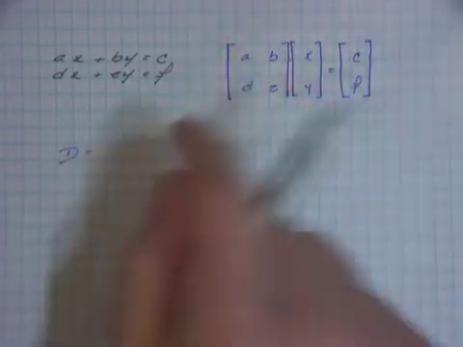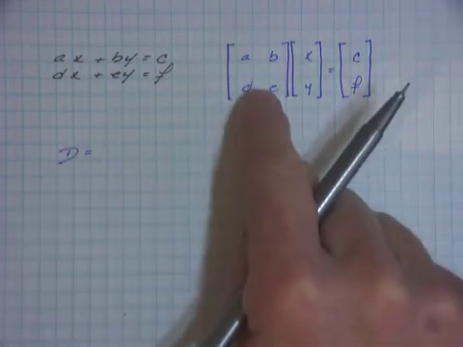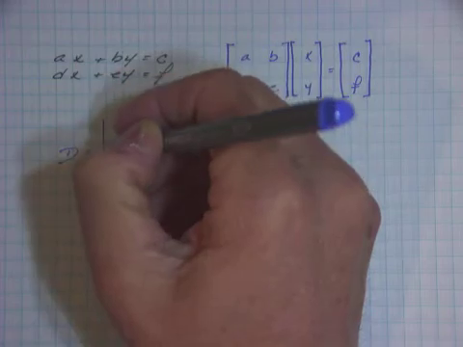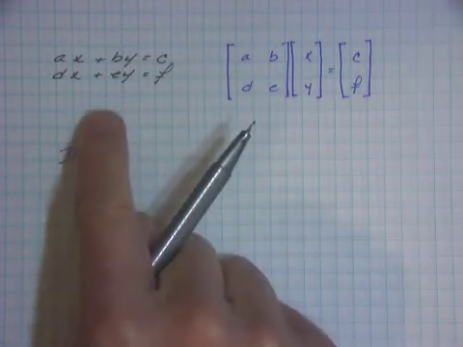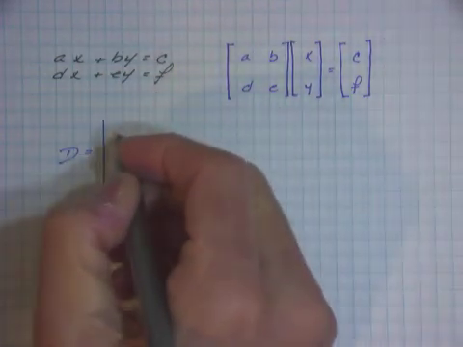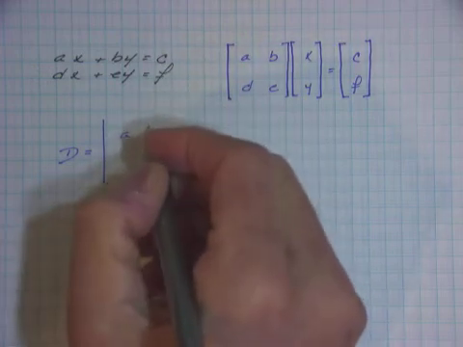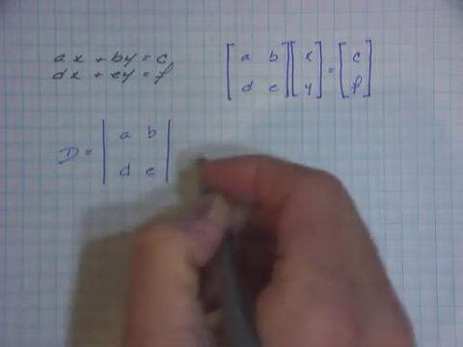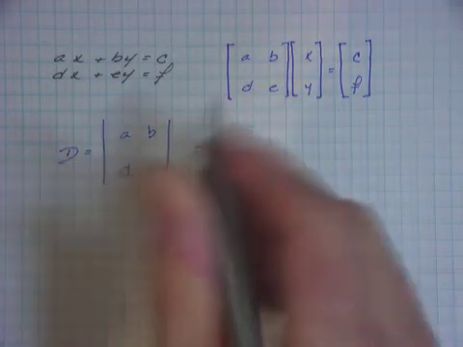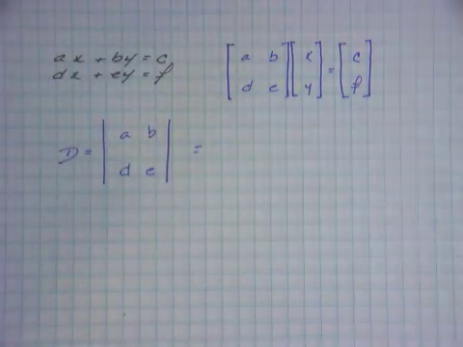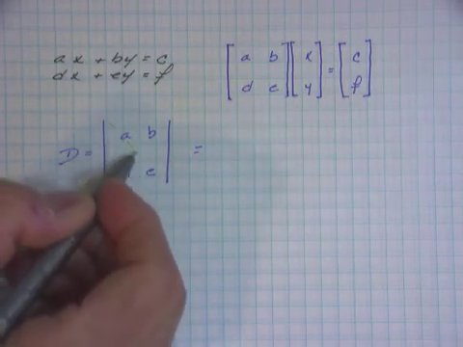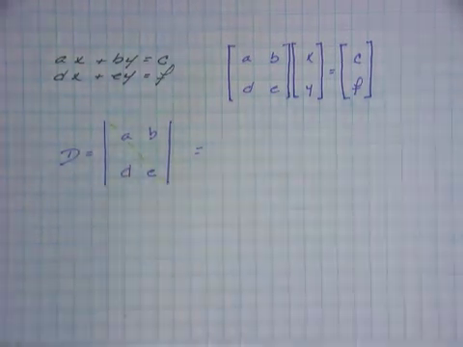Determinant equals, so the determinant of the coefficient matrix. What we're going to do is write, we just use single lines. Notice there are no brackets at the top and the bottom. We have A, B, D, E. So to find the determinant, we're going to multiply these two together.